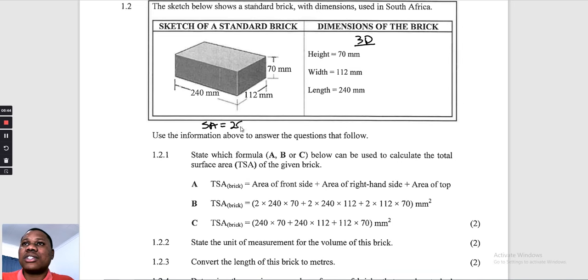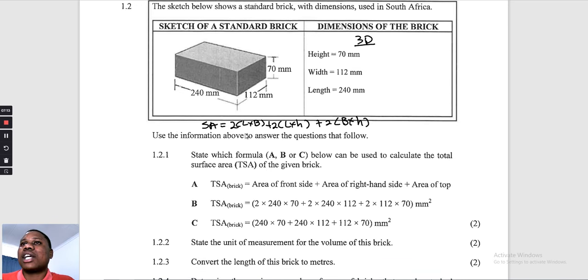So it's 2 length times breadth, plus 2 length times height, plus 2 breadth times height. Okay, so we can substitute here, and then we're going to check which one looks the same as it.